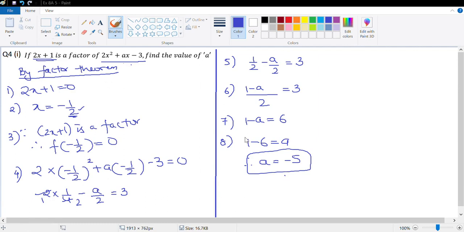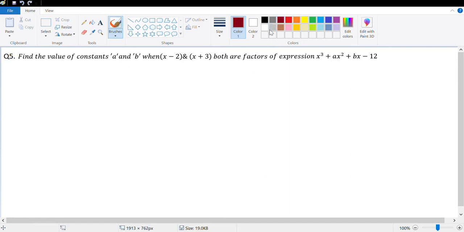Next question. The next question that we have is question number 5. It says, find the value of constants a and b when x minus 2 and x plus 3 both are factors of the expression. So we have two factors given. Let's figure out what will be the remainder, because the remainder will be 0.